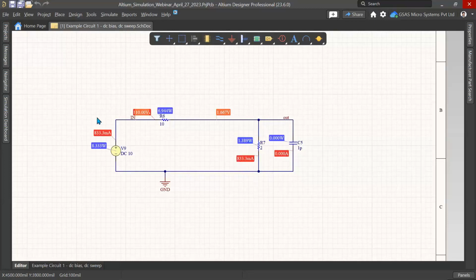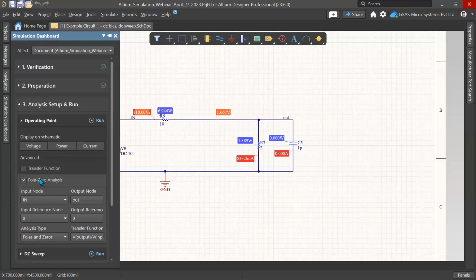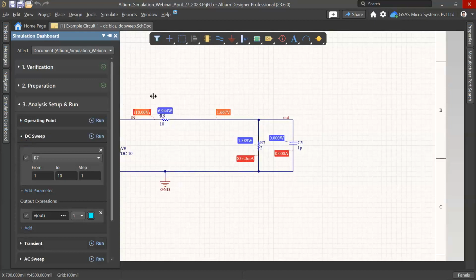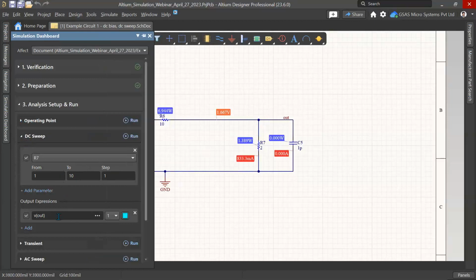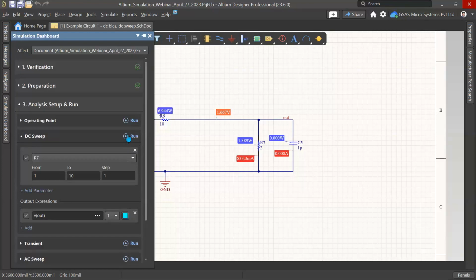We want to run the DC sweep analysis. Again, verification, preparation, the same. Now this time we want to perform the DC sweep analysis across R7, and as the output expression we want to use V output. How this value is influencing the output of the circuit, you want to check. Just click on the DC sweep analysis.